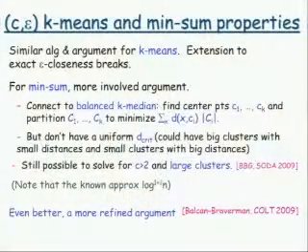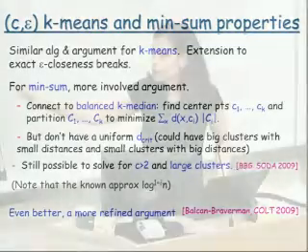But luckily, it turns out that a similar argument can be applied in this case as well if we are careful and extract first the largest clusters, then the second largest, and so on. And this gives a way to deal with the large clusters case for min-sum or balanced k-median if C is strictly greater than 2. And in order to deal with the small clusters case, we had to go for a much more refined argument.